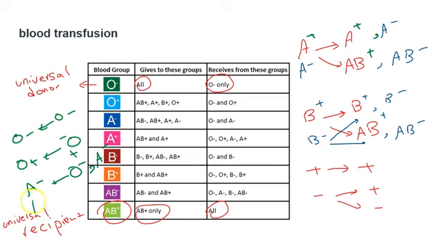And then A positive can receive from O and A, both positive and negative. B can also receive from O and B. If they are negative, they can only receive from negative people, and if they are positive, it's okay to give them both positive or negative.